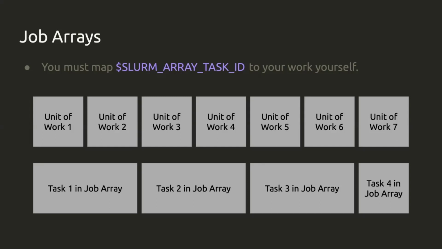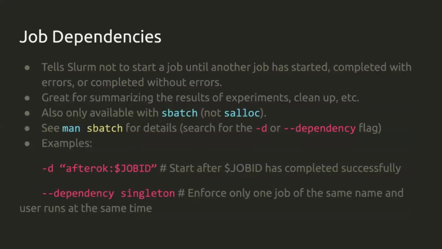Cool. We'll move on to job dependencies here. So job dependencies is another really cool Slurm feature. Slurm will, if it's told, actually not start a job and schedule it until another job has met some condition. It's either started, completed with errors, or completed without errors.